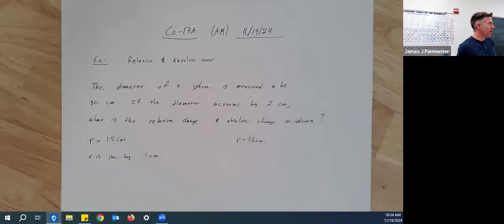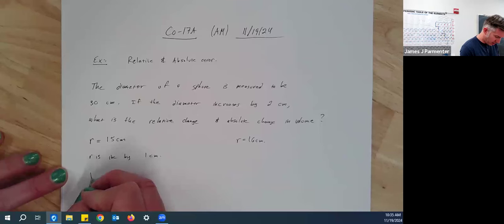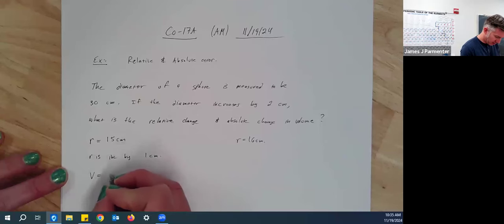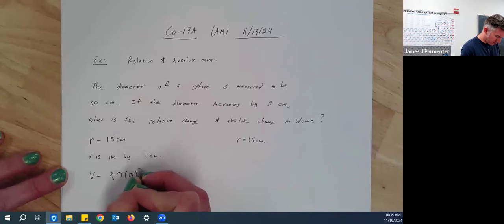The numbers are going to be not pretty, such is life. Sometimes the numbers aren't pretty. So let's find the volume here and the volume here. We're going to do it exact first, just to see what the actual numbers are, and then we'll talk about how we would really do the estimating of the change. So the volume here is 4/3 pi times 15 cubed.